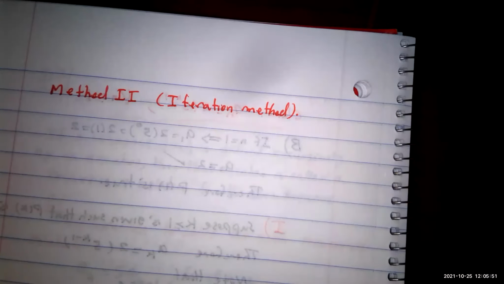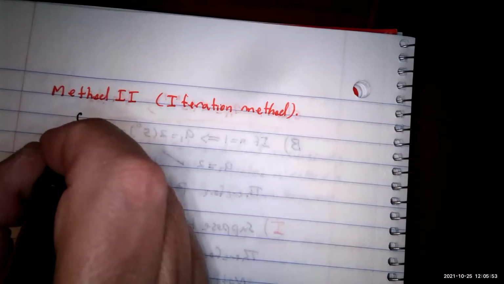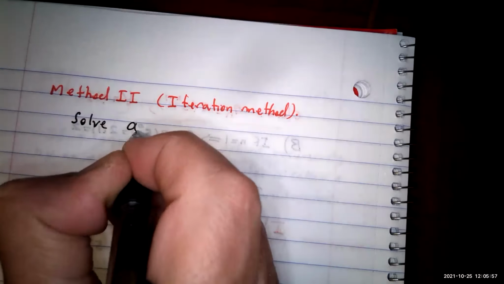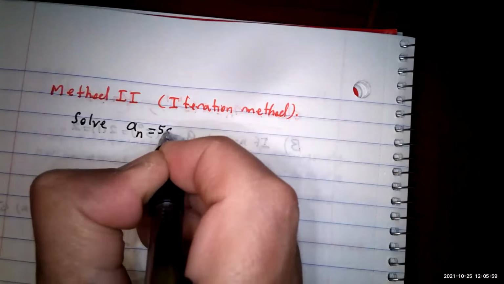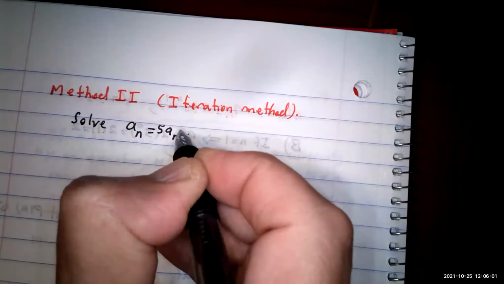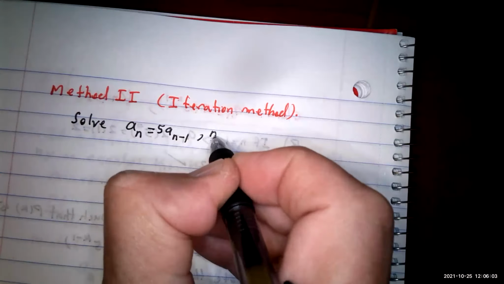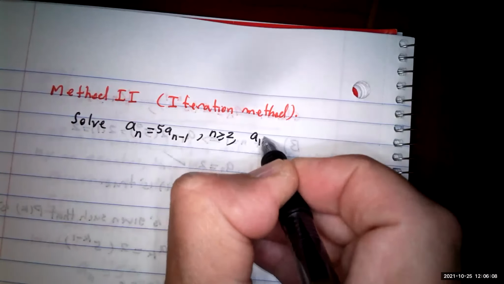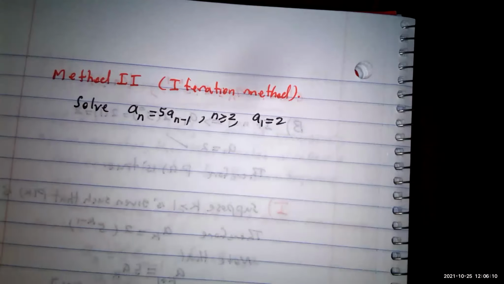The iteration method is this: suppose you want to solve a_n equals 5 a_(n-1), when n is greater than or equal to 2, of course, and a1 is given to you. Look at this method.